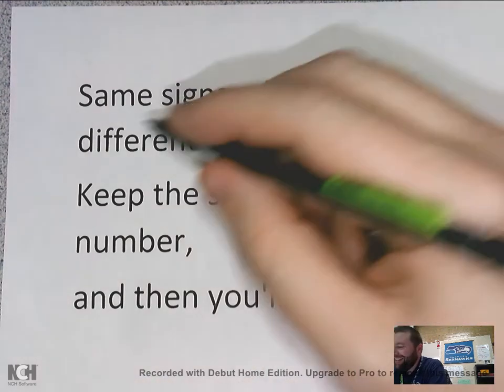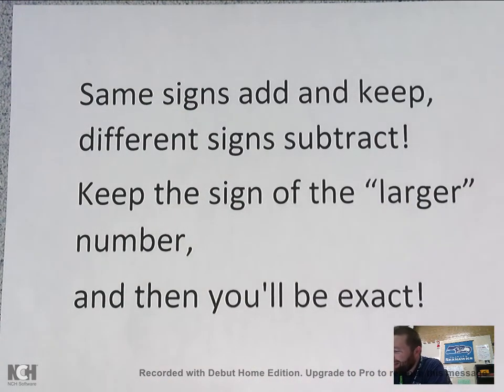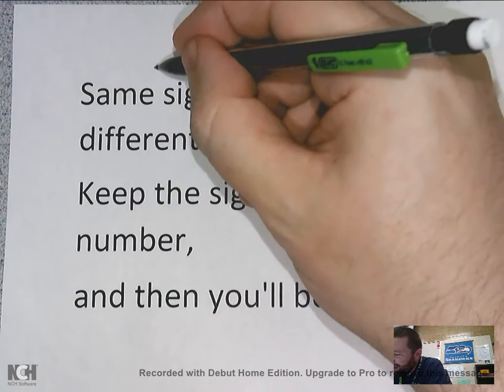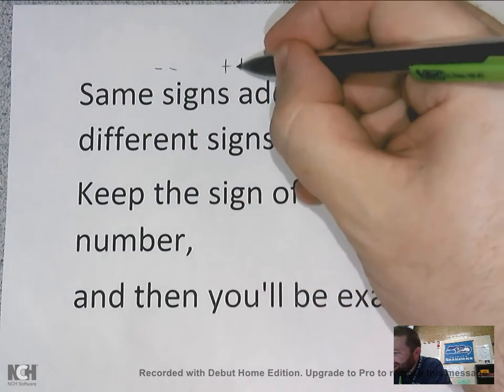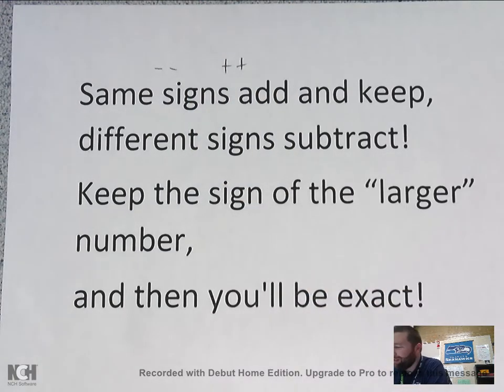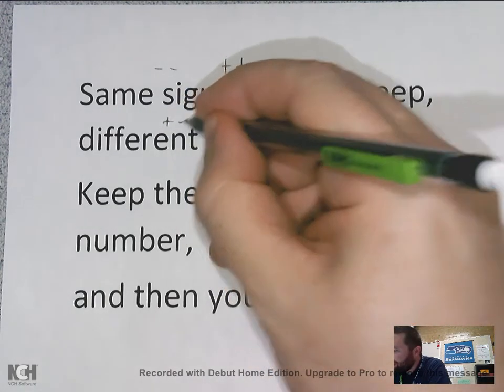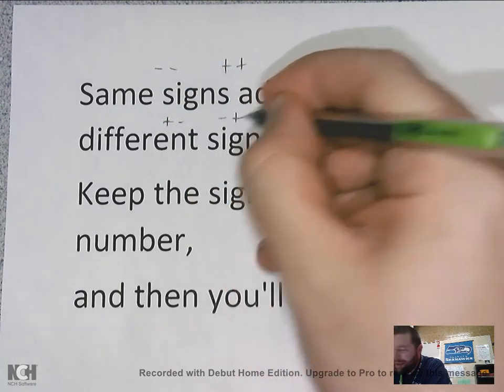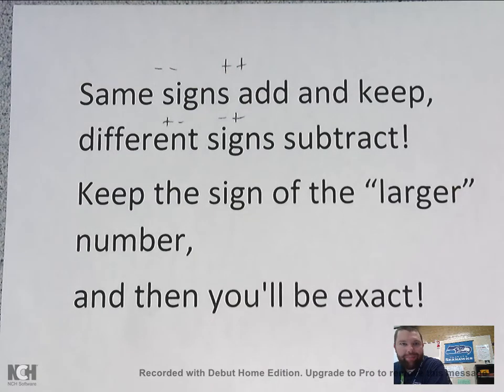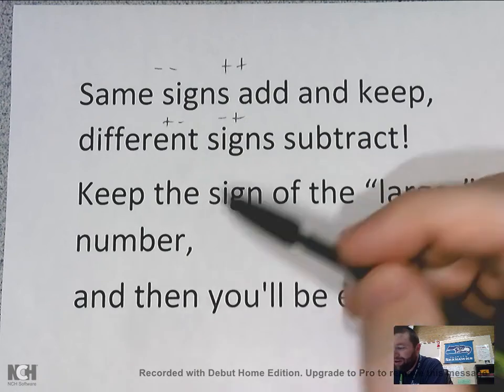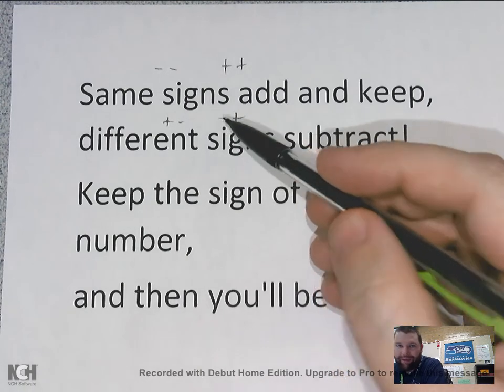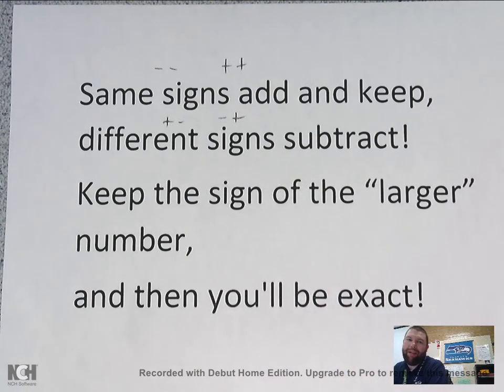So again, same signs, add and keep. So that's when you got 2 of the negatives, 2 of the positives. You add and keep those. Okay? Different signs subtract. So that's when there are 2 different sign combinations there. And then you keep the sign of the larger number. That basically means if the larger number is a negative, then your final answer is going to be negative.